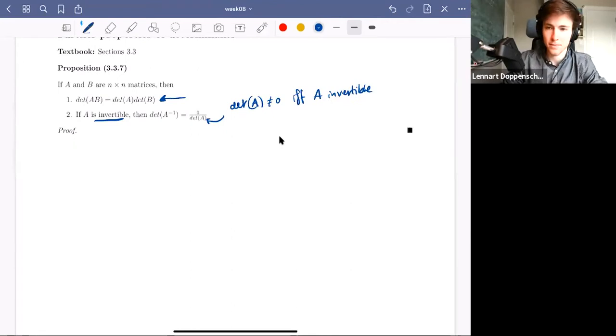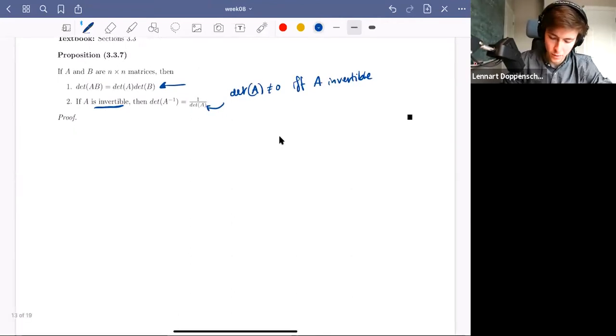Okay, let's prove these two things. The first one is the more difficult one. The second one will follow from the first one.